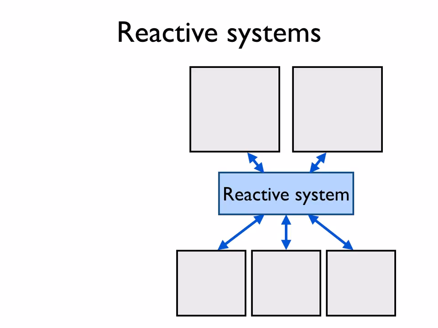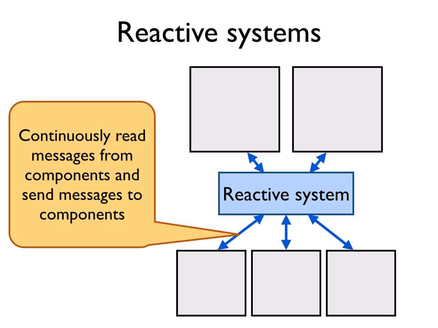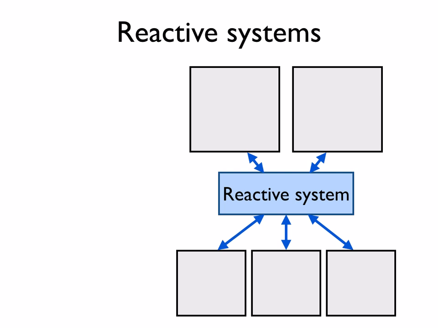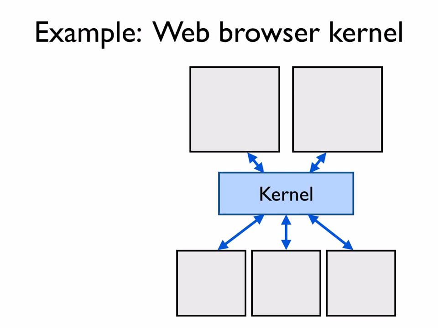But first, as promised, let me give an informal definition of a reactive system. So a reactive system is one which communicates with outside components by continuously reading messages from components and sending messages to components. And so an example of such a system is the kernel of a web browser modeled after the Google Chrome architecture.